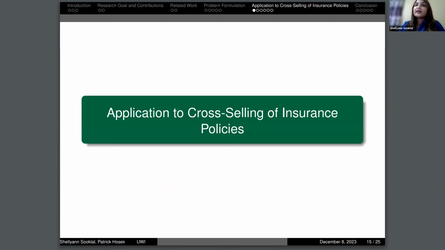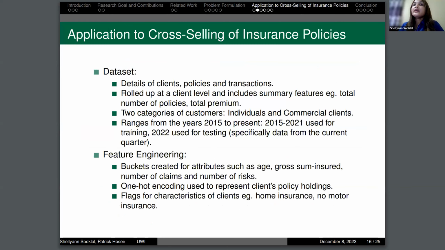So I'll now explain how these methods were applied to real insurance data. Due to the nature of the data, we cannot disclose all the details, but I'll give a summary. The data contains details on clients, their policies, and their transactions. The data is rolled up at a client level, which allowed us to include summary features such as the total number of policies and total premium.